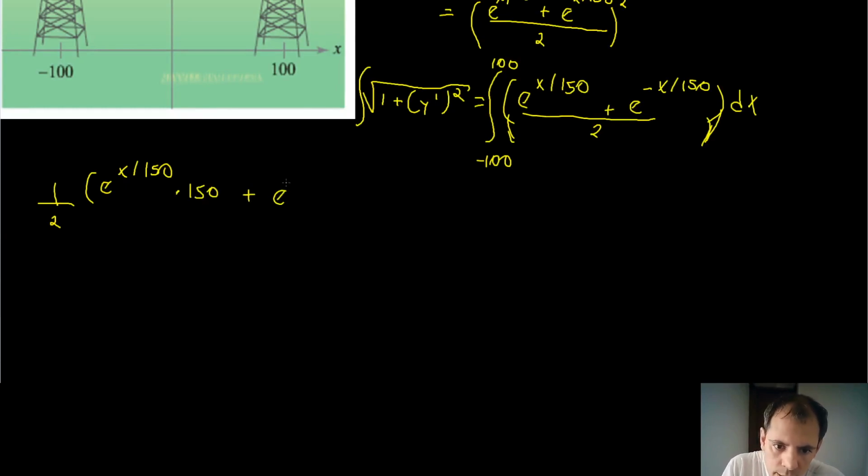Plus e to the minus x divided by 150, divided by the derivative of this, which is minus 1 over 150. So you're multiplying by minus 150. So I'm going to take this stuff out. I'm going to put a minus here, and I'm going to put a 150 multiplying here. Now you have a 150 here and a 150 here. You can just take the 150 out. I'm going to factor it out and divide it by 2.